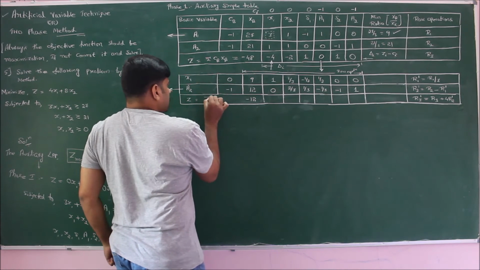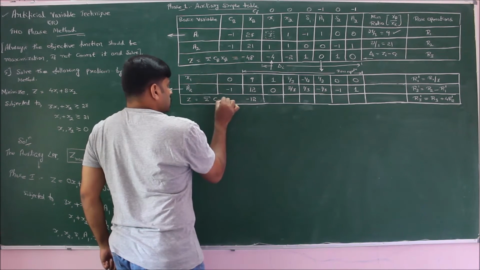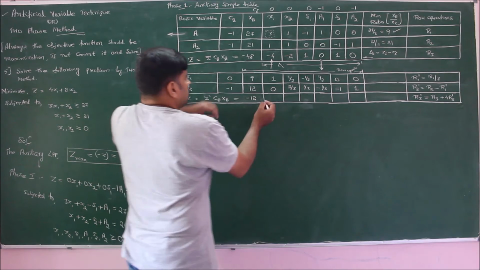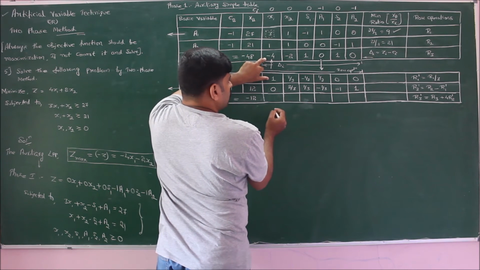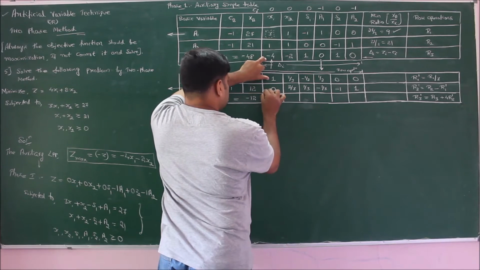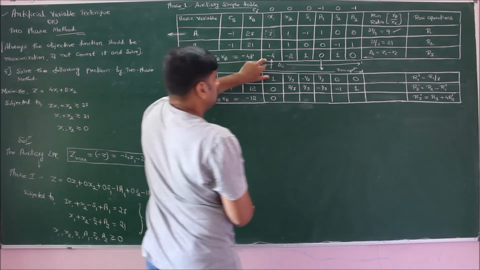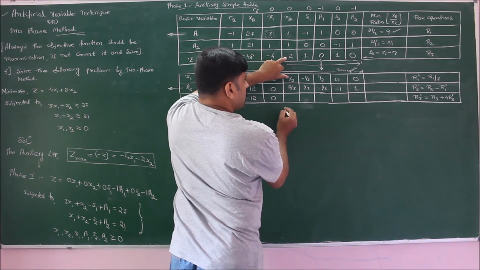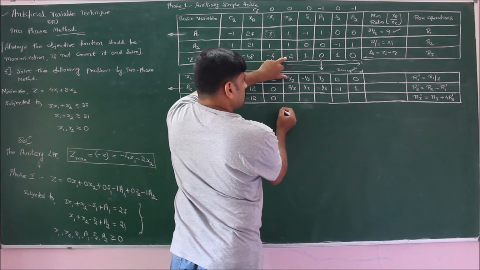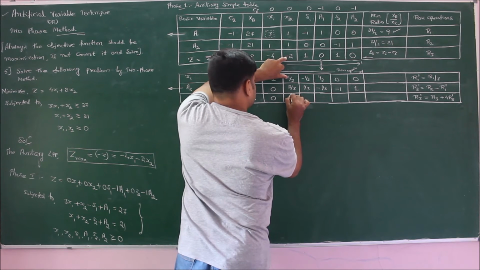That is what I am getting from summation of CB XB. Now moving for minus 4, here I have 1. Minus 4 plus 4 will become 0, that is what I require. Here I have minus 2, here I have 1 by 3, that is minus 2 plus 4 by 3 will become minus 2 by 3.